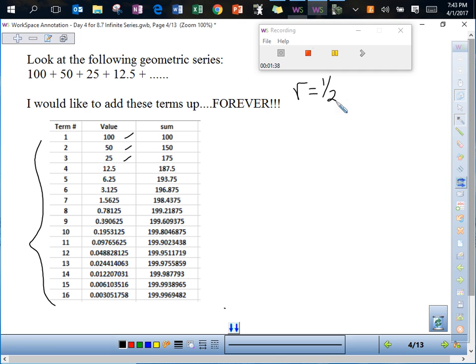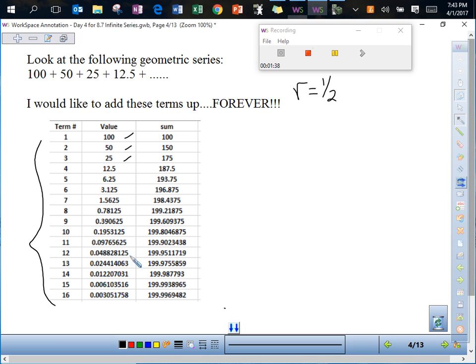Guys, look at this little spreadsheet that I made up for you. I've listed the first 16 terms, and I put them as decimals because that was easier for me. The first term was 100. The second term's 50. The third term's 25. And then kind of look what it does. 12.5, 6 1/4, 3 1/8, 1.5625. Notice what happens, guys.